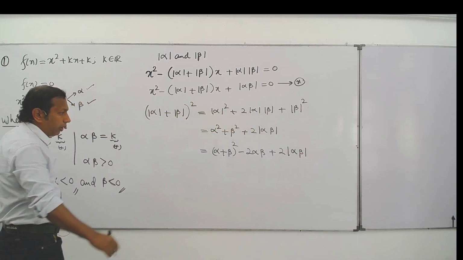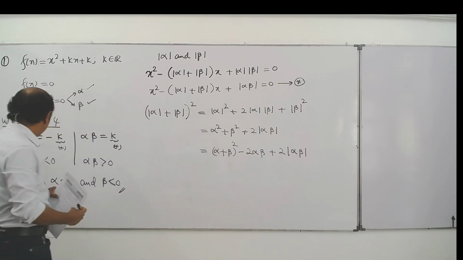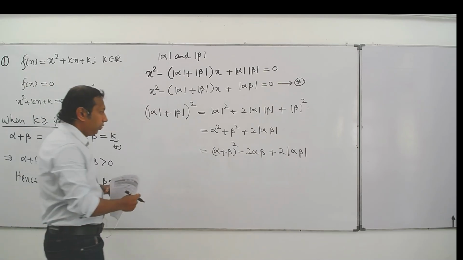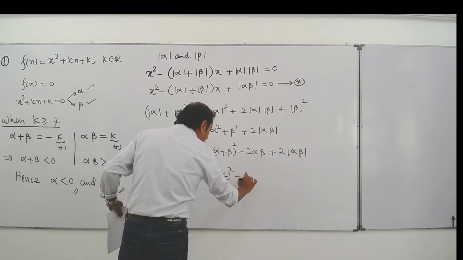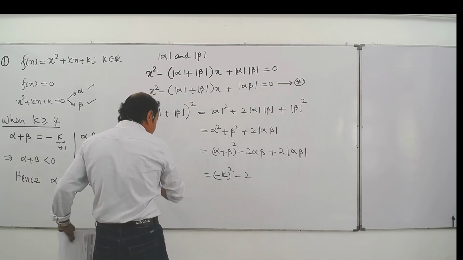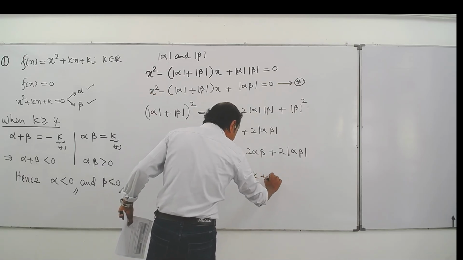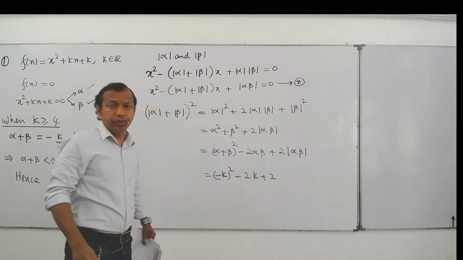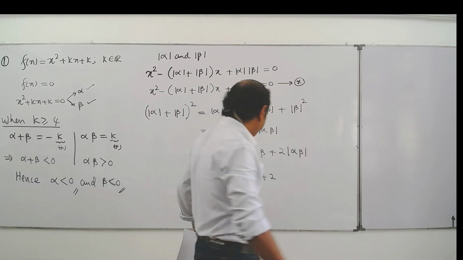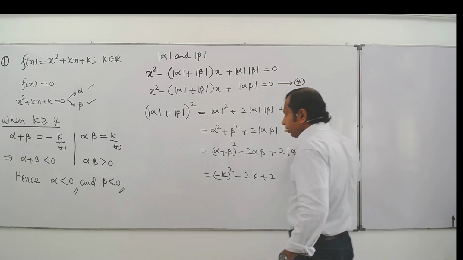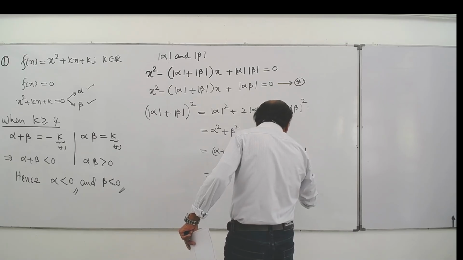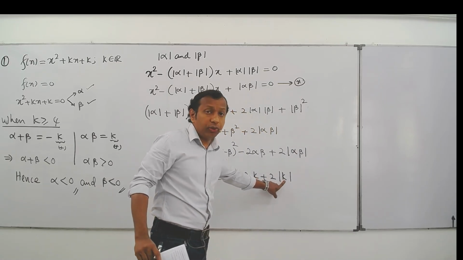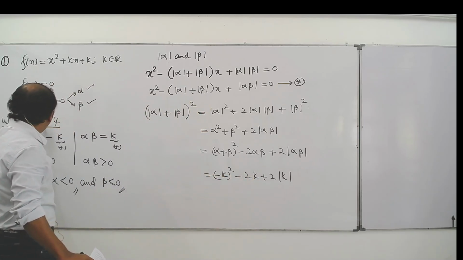Alpha plus beta here is minus k. Then this is minus k perfect squared minus 2 times alpha beta, which is k. You can very clearly understand here alpha beta is k. But k value is greater than or equal to 4.